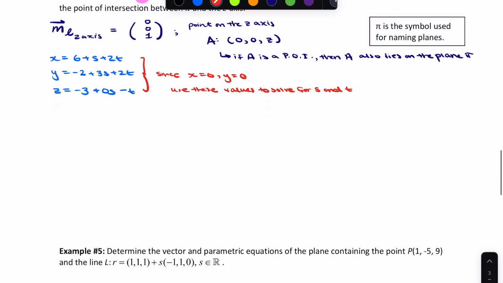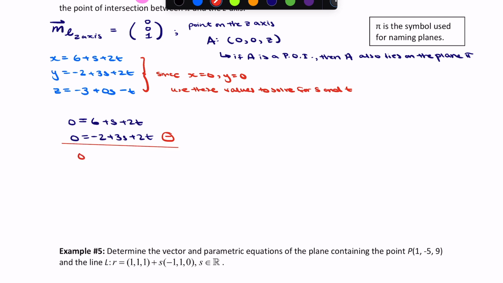Okay, so here, system of equations, we have 0 is equal to 6 plus s plus 2t, and we have 0 is equal to -2 plus 3s plus 2t. Here, we're going to subtract our two equations, and we'll be left with 0 is equal to 8 minus 2s.